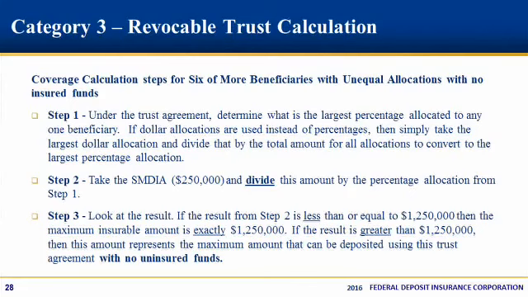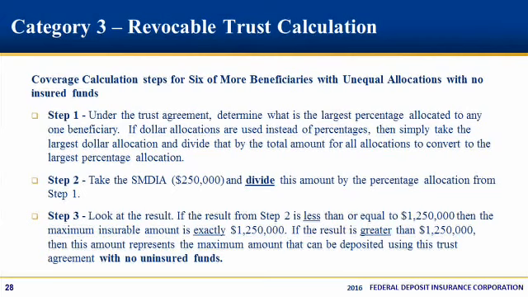The three steps outlined here on slide 28 should be used whenever you are attempting to determine the maximum insurable amount in situations where you have a formal revocable trust with 6 or more beneficiaries named, with unequal allocations to one or more beneficiaries, and where the depositor is attempting to insure more than $1,250,000. Let's begin with step 1.